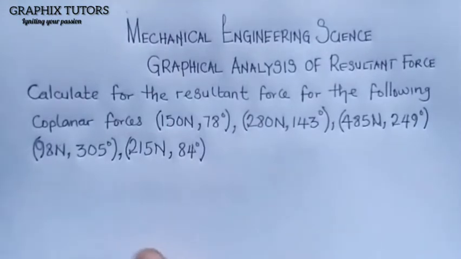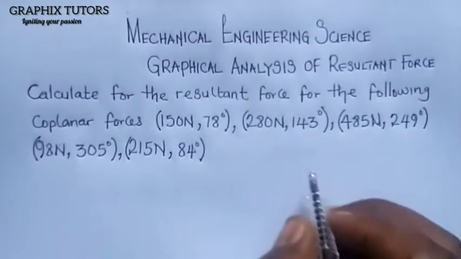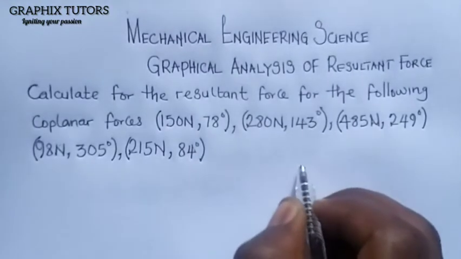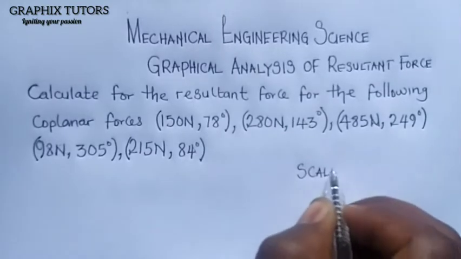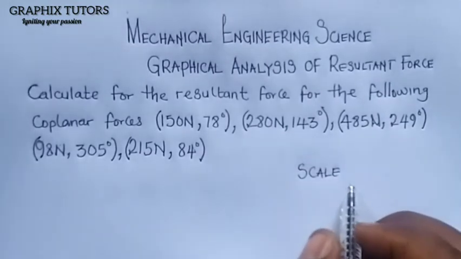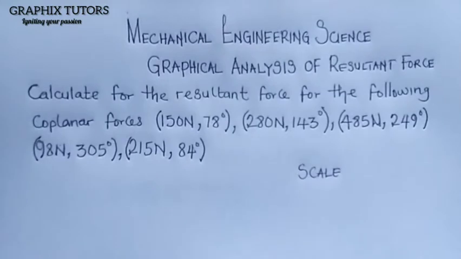Now the first thing you have to do is draw a scale, because you want to analyze it graphically. The scale converts the Newton into millimeter, in order for you to measure it on your meter rule.